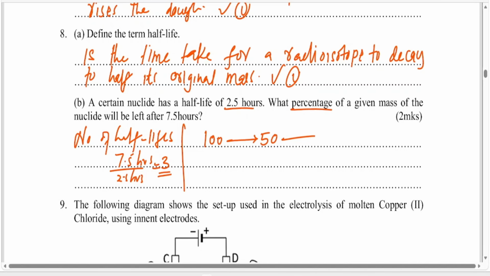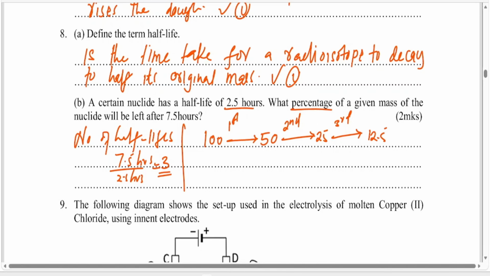Then the second one is going to give us 25, and then the third one is going to give us half of 25, which is 12.5. So remember, this is the first half-life, this is the second half-life, and this is the third half-life. That's the reason we began by looking at the number of half-lives, and this gives us 2 marks.